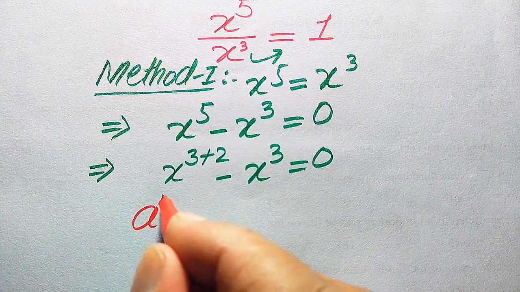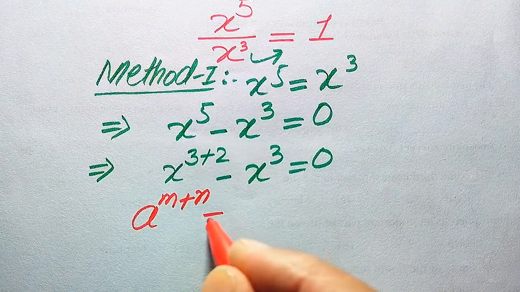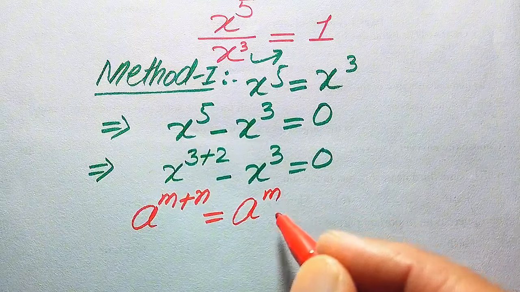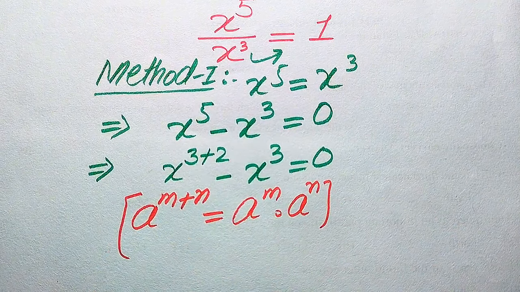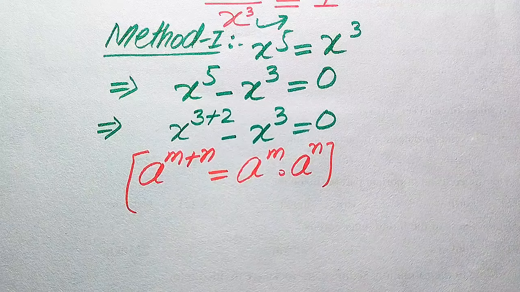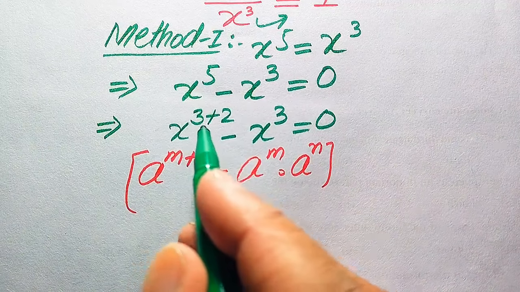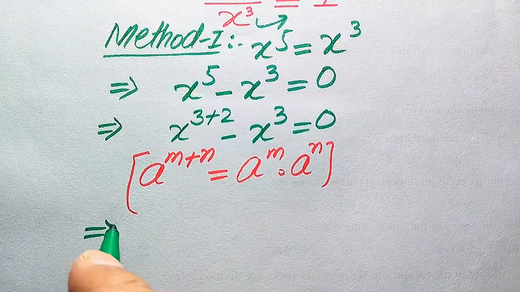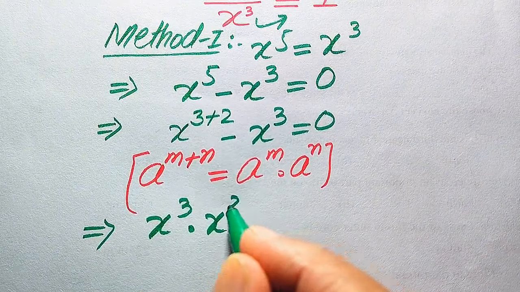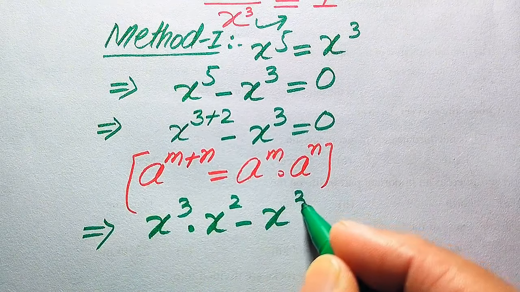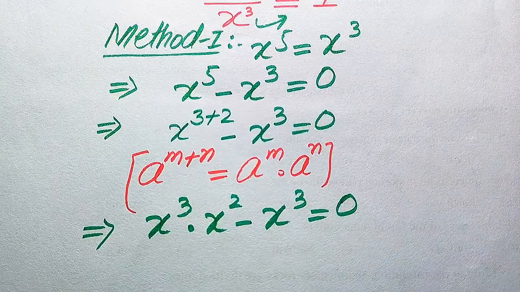You know about that: if we have a to the power of m plus n, it equals a to the power of m multiplied by a to the power of n. So according to this rule of exponents, after breaking this exponent, it will be written as x cubed multiplied by x squared minus x cubed equals 0.